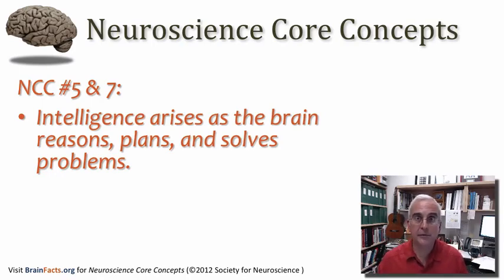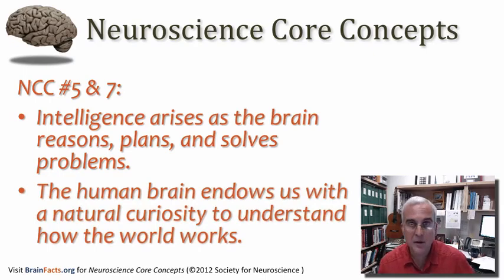But certainly for us, much of what we associate with the intelligence of our species is attributable to the integrated action of our associational cortices. And it's our human brain that endows us with the curiosity that drives us to explore our world and even pursue studies of things such as medical neuroscience.